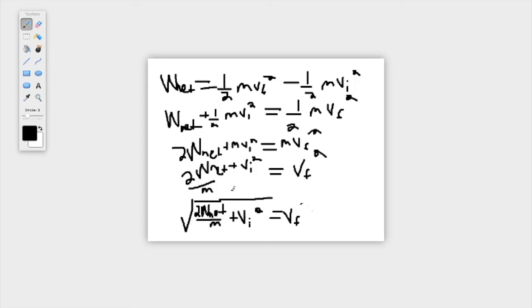Alright, so that is our answer. What that'll actually turn out to be is 1.33 meters per second.